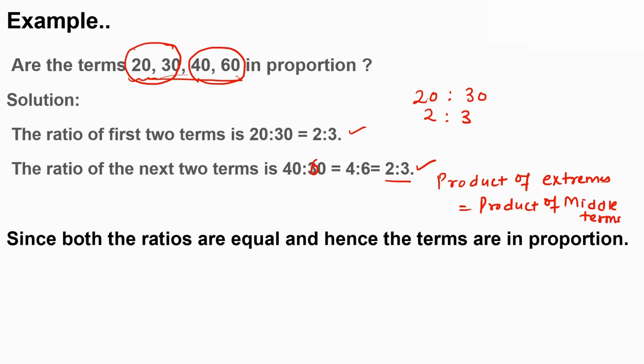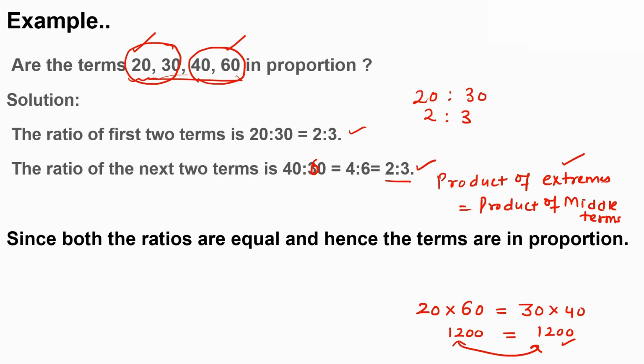So what are the extremes here? 20 and 60 are my extreme terms. 20 multiplied by 60 is to be compared with the product of the middle terms, that's 30 into 40. So 20 into 60 is 1200. 30 into 40 is 1200. 3 fours are 12. I can see that both are equal. It means the terms are in proportion, because the ratios are equal, and you can say that because the product of extremes is equal to the product of the means.